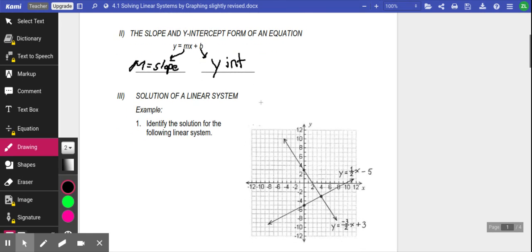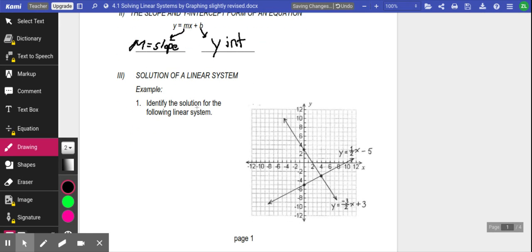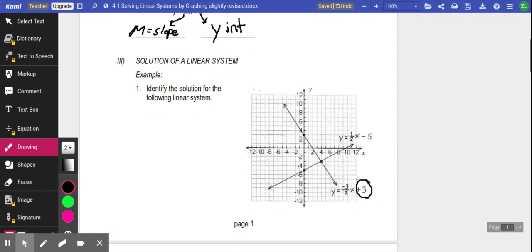It says identify the solution for the following linear equations or system. So we have two lines. This line here is y equals negative 3 over 2x plus 3, meaning that it has a y-intercept of positive 3 and a slope of negative 3 over 2.